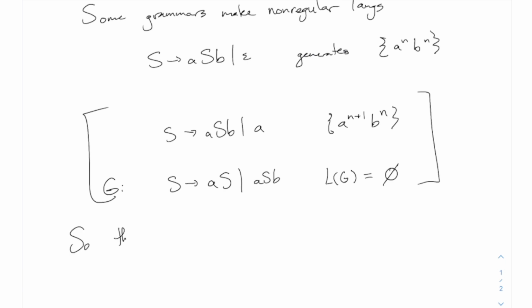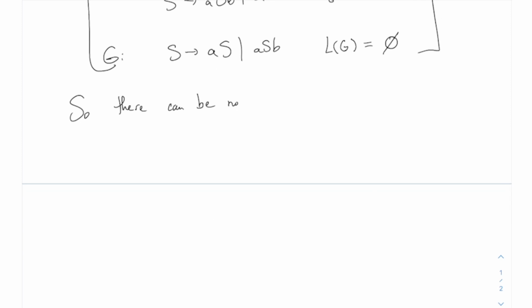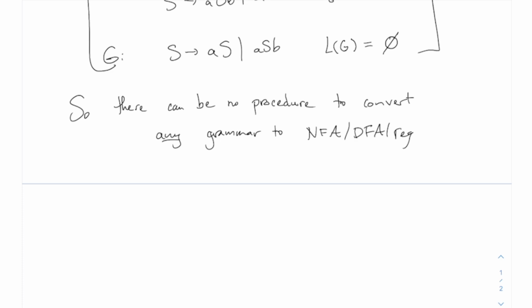So, there can be no general procedure to convert any grammar to a NFA or DFA or regular expression. There can be no procedure to convert any grammar to NFA, DFA, regular expression, right?